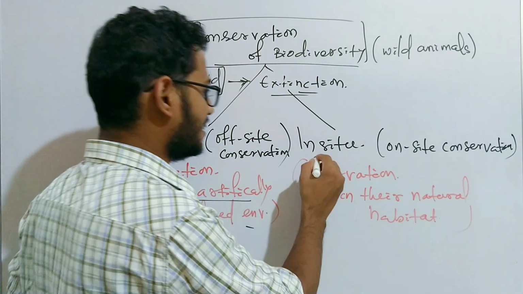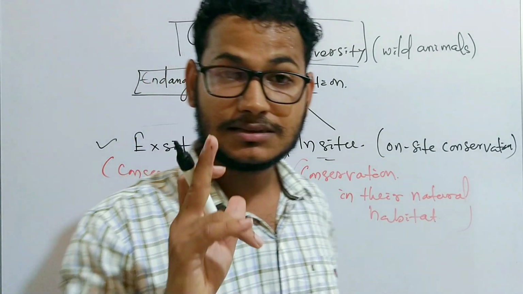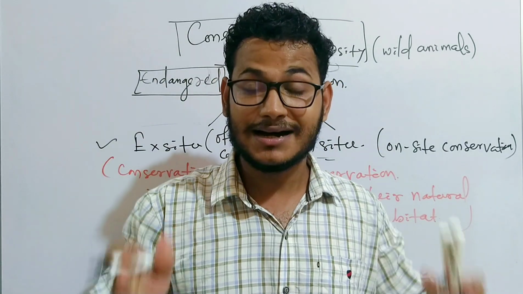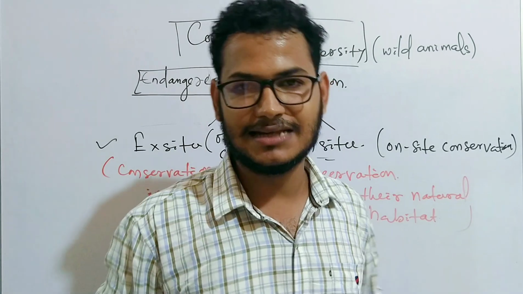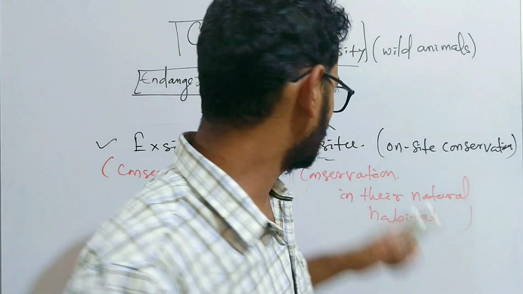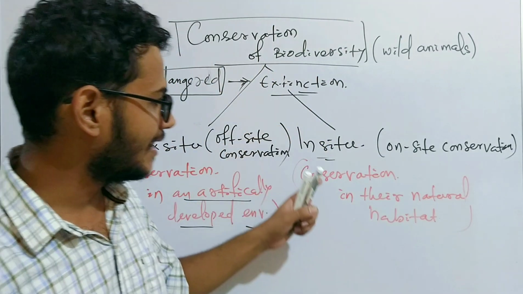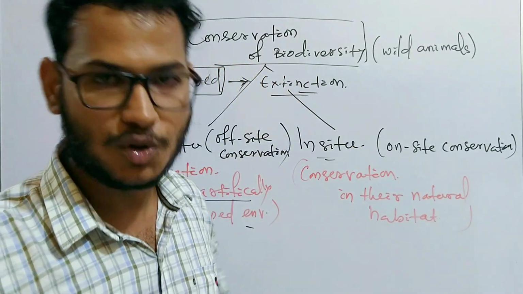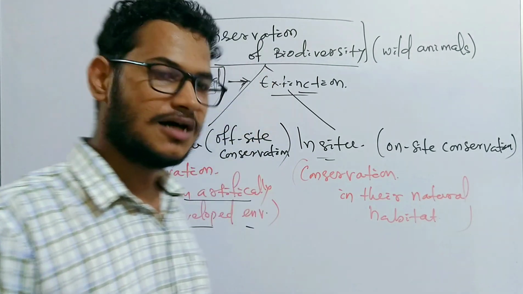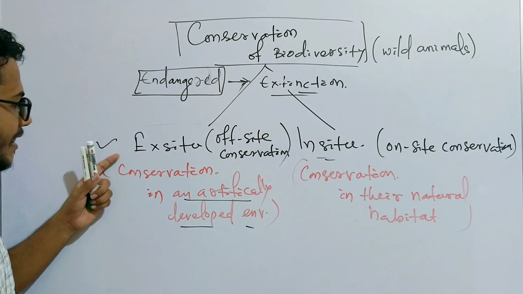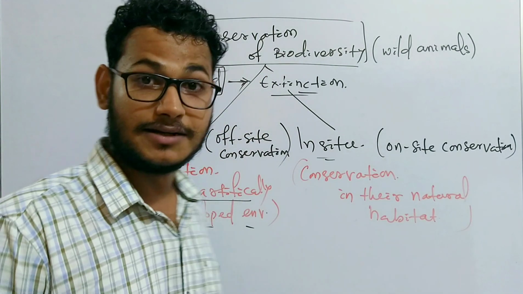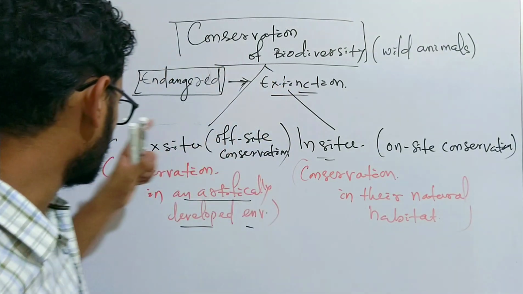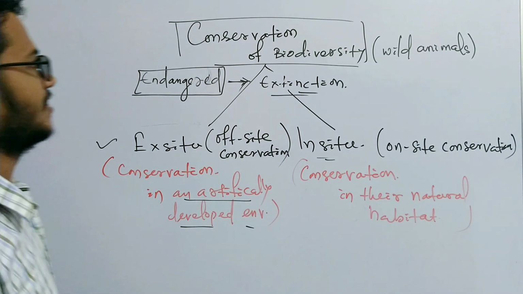Whereas in-situ conservation is in their original habitat, their natural habitat where they were originally found. So conservation of wild animals in their original habitat is in-situ conservation, whereas protecting or conserving wild animals in an artificially developed environment is known as ex-situ conservation.